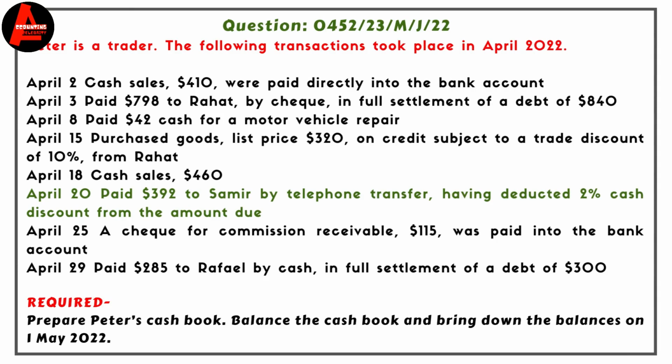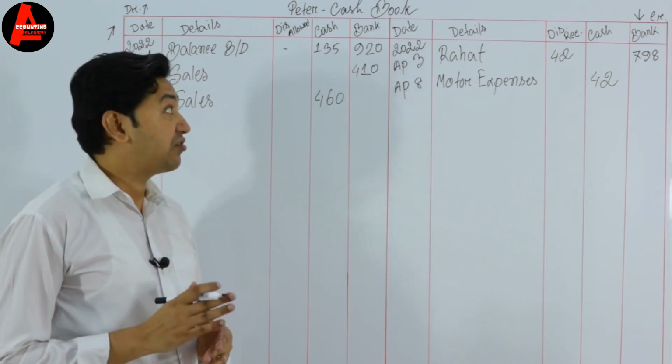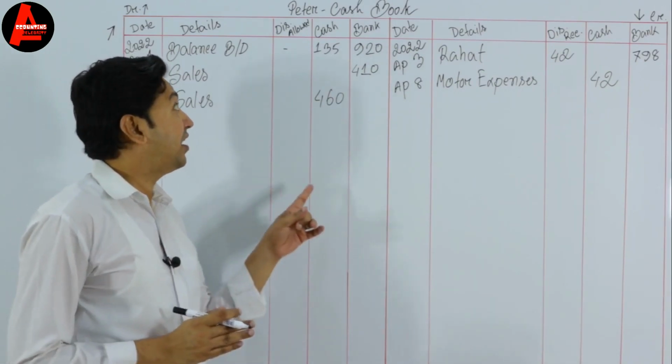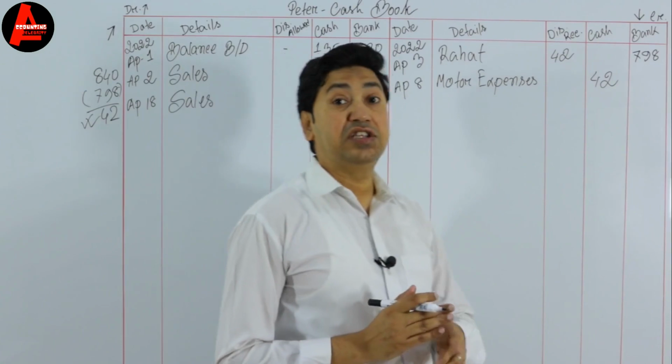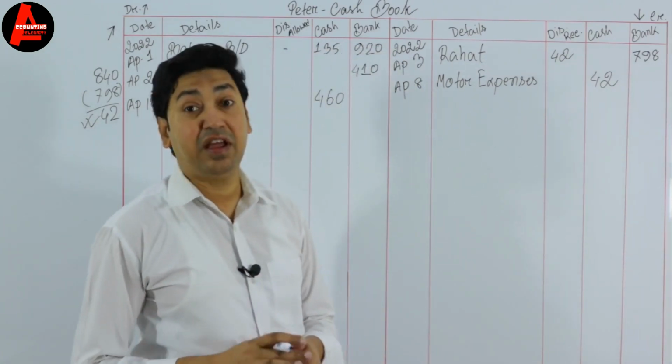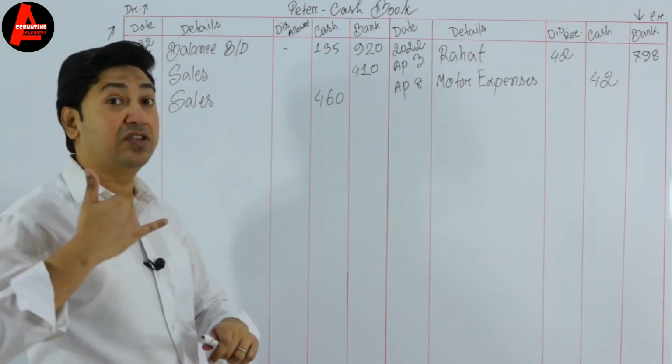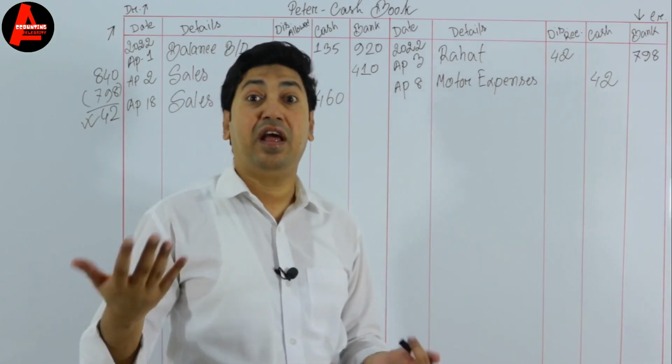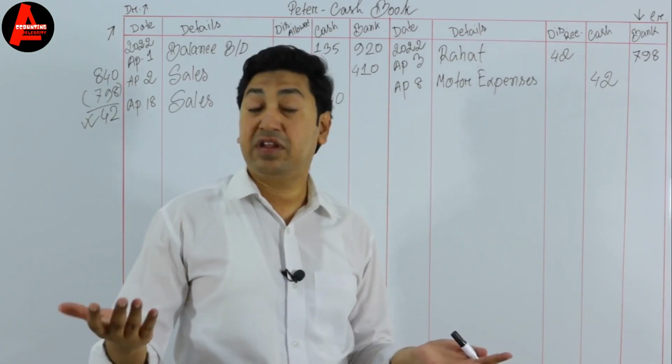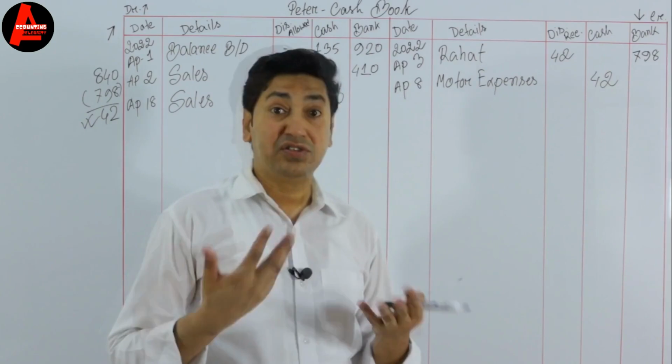So next one we have 20. Paid $392 to Samir by telephone transfer, having deducted 2% cash discount from the amount due. Transfer means this transaction will not come here on the cash column. This will come on the bank column. So Peter called the bank manager or someone to pay this money to Samir.